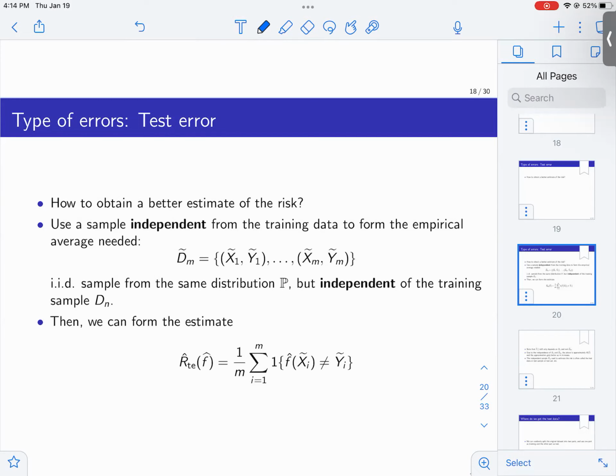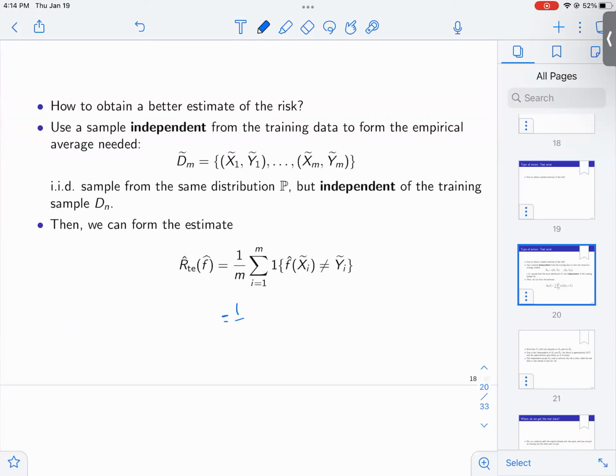Then I can form the same thing over this new, independent data set: 1 over m sum over i from 1 to m of the indicator that f hat of x_i tilde, semicolon D_n, is not equal to y_i tilde. So this D_n is shared, but it is different from these x tilde.